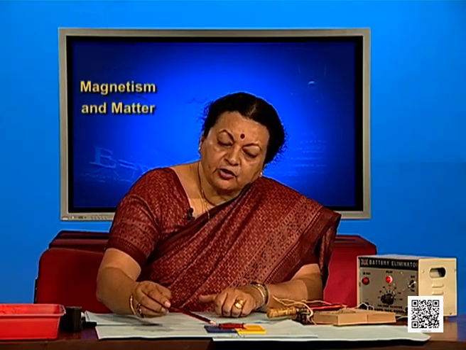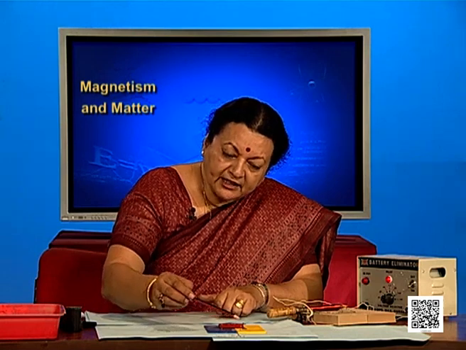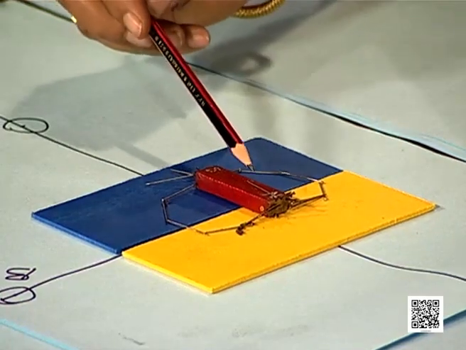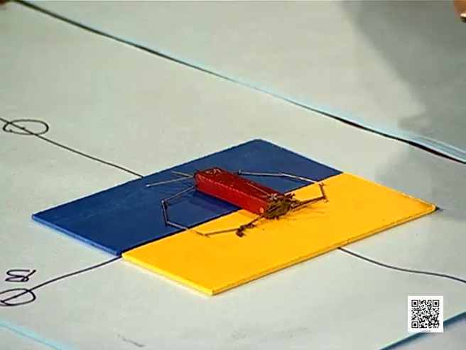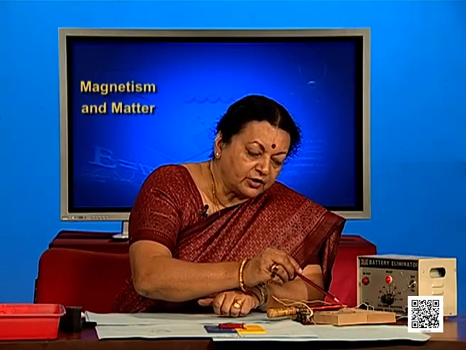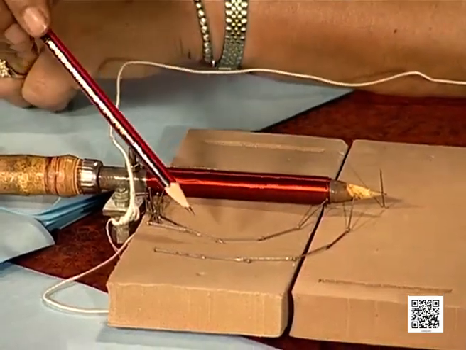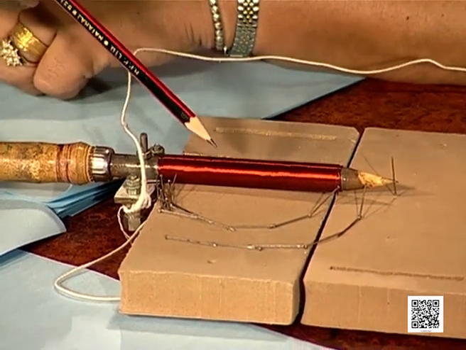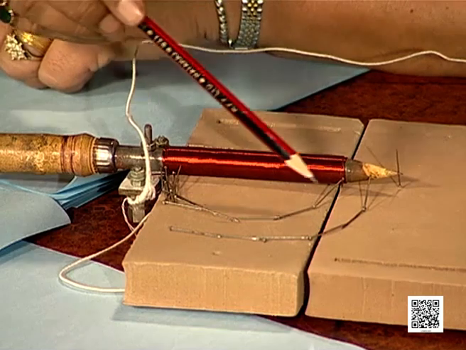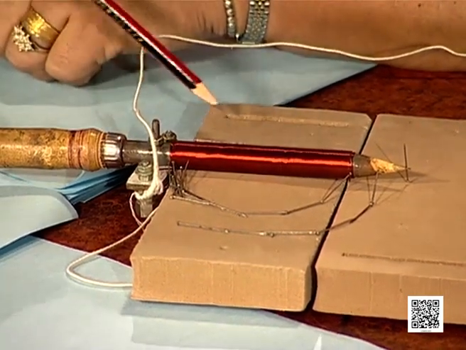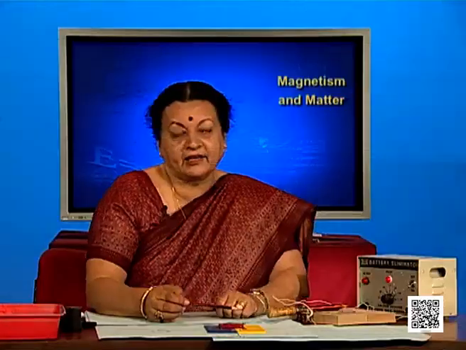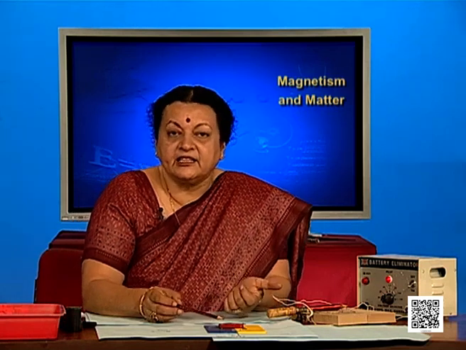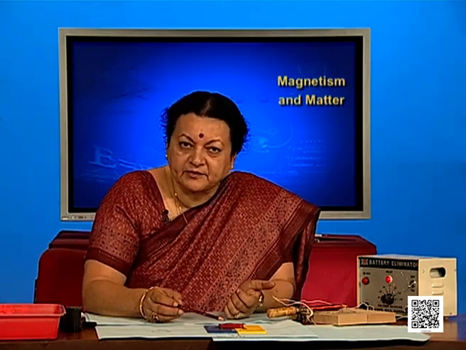These are the closed loops starting here, going all the way through the magnet. In this case also, from this end of the solenoid right around here and going all along the solenoid this way. So, closed loops which represent the field lines of a magnet are seen in these two, which are identical.